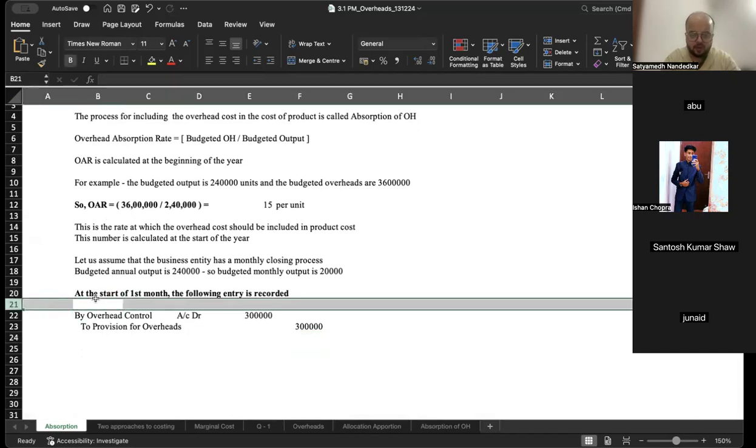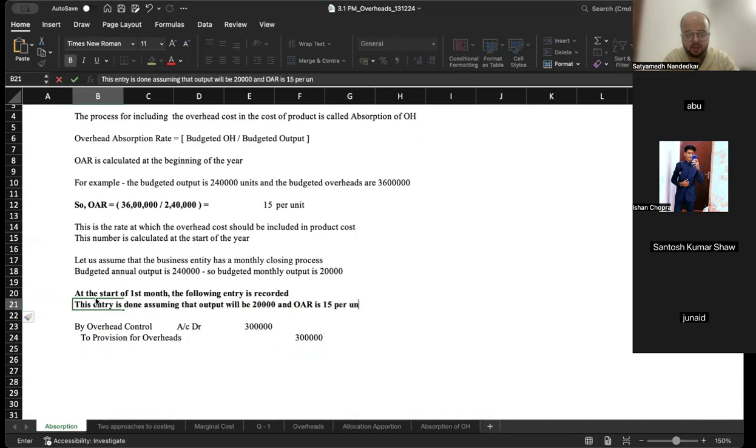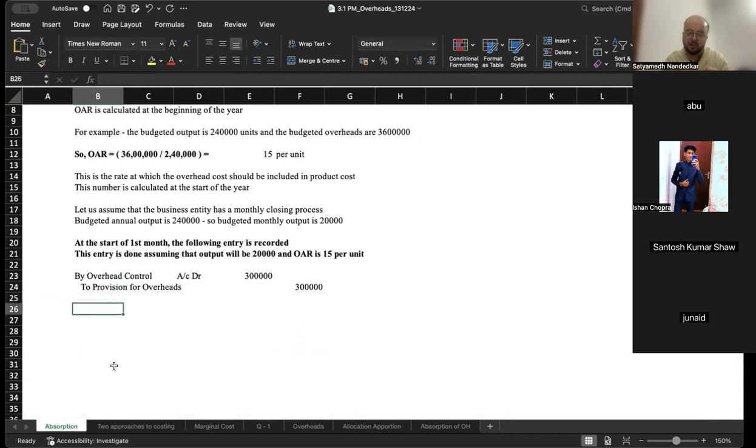Let's also write one more thing, that this entry is done assuming that output will be 20,000 and overhead absorption rate is 15 per unit. This is done at the beginning of the month.